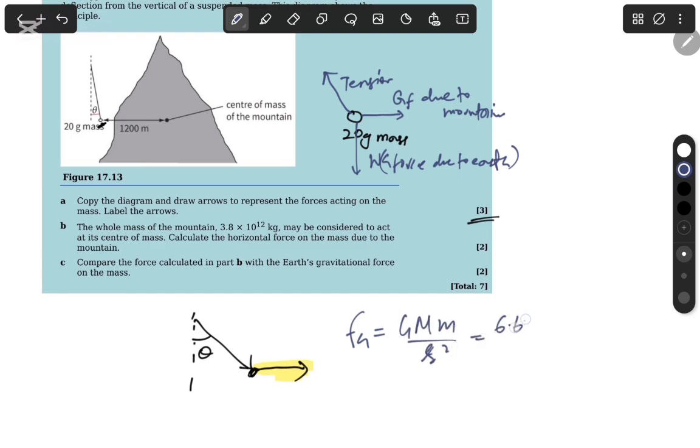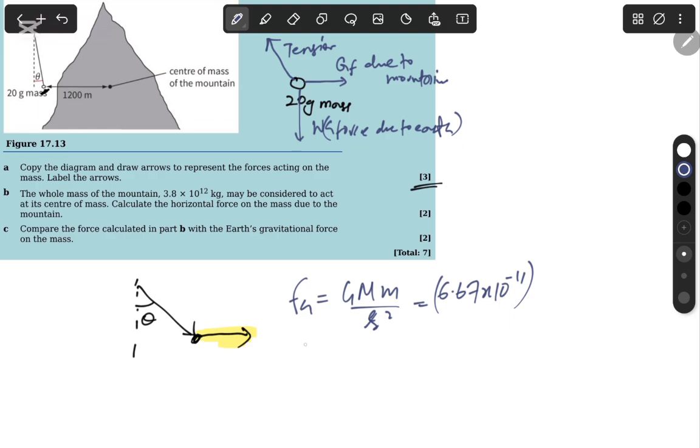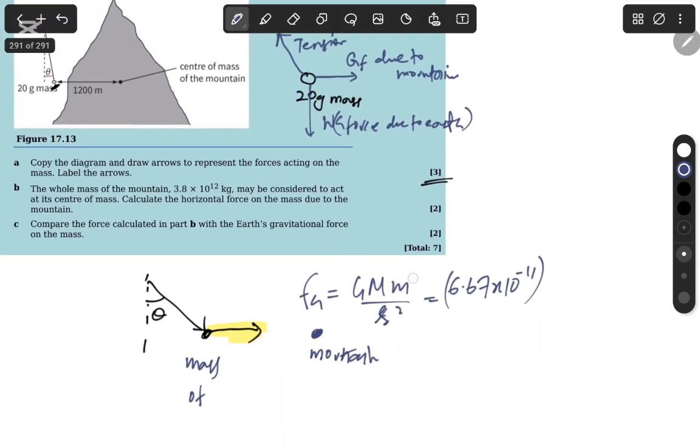So G is 6.67 times 10 to the power of minus 11 times... I'm going to consider the mountain as a point mass. So this is going to be the mountain, and this is going to be the mass of the ball.